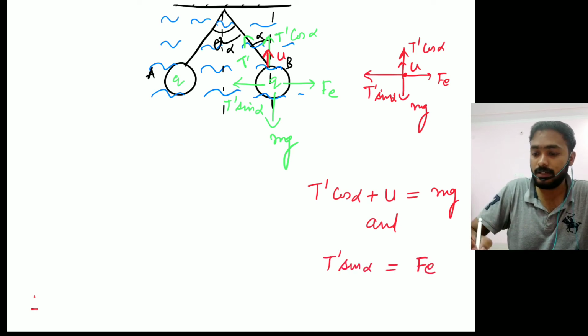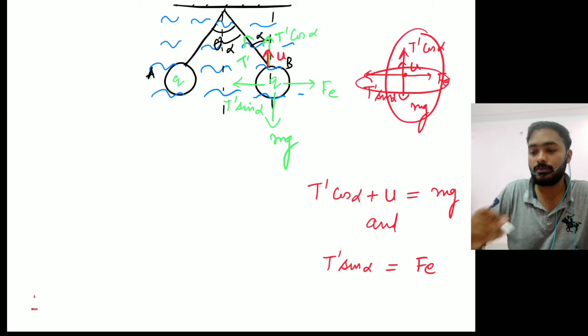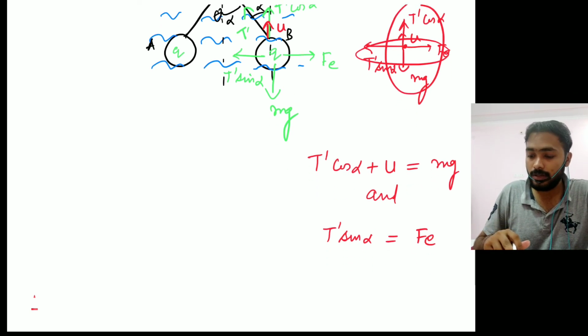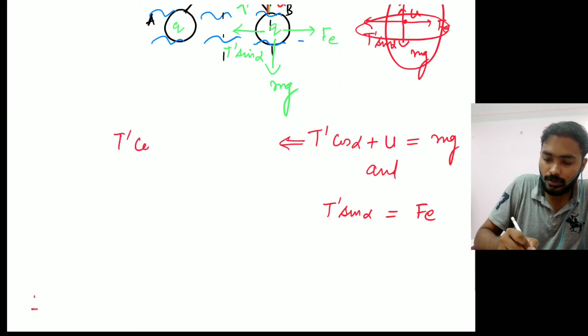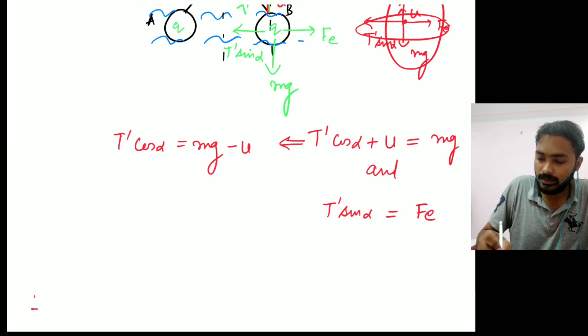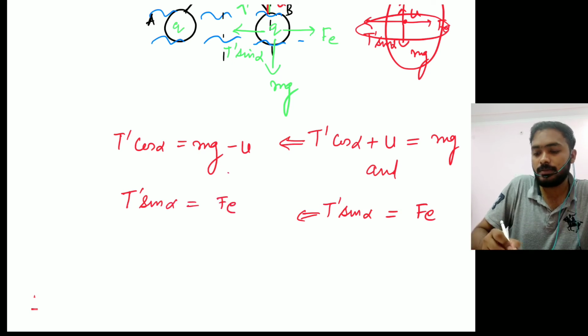I hope that is understandable. So I can write this one as T dash cos alpha equals mg minus u, and this one as T dash sin alpha equals Fe. This is my equation number 4, this is my equation number 5.